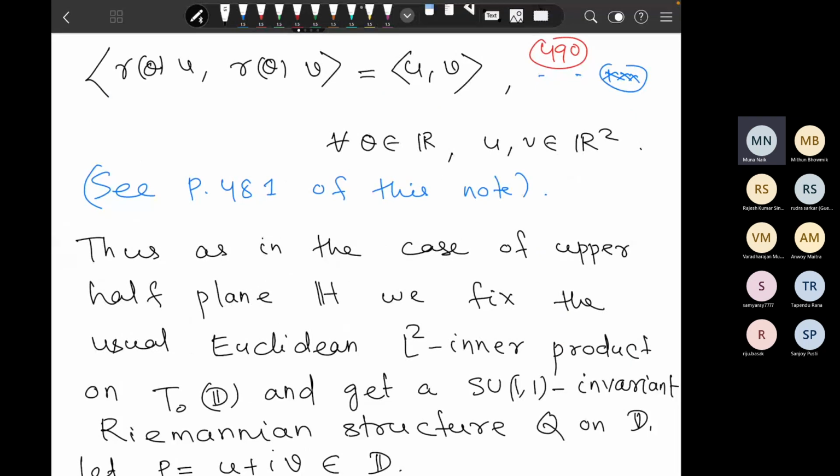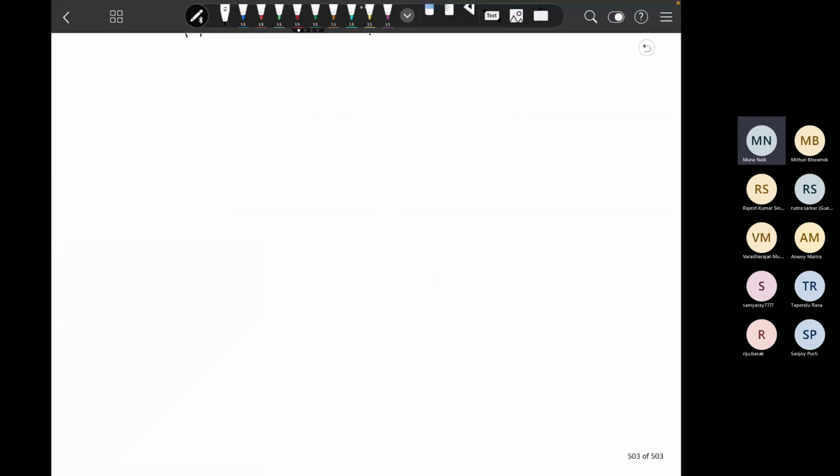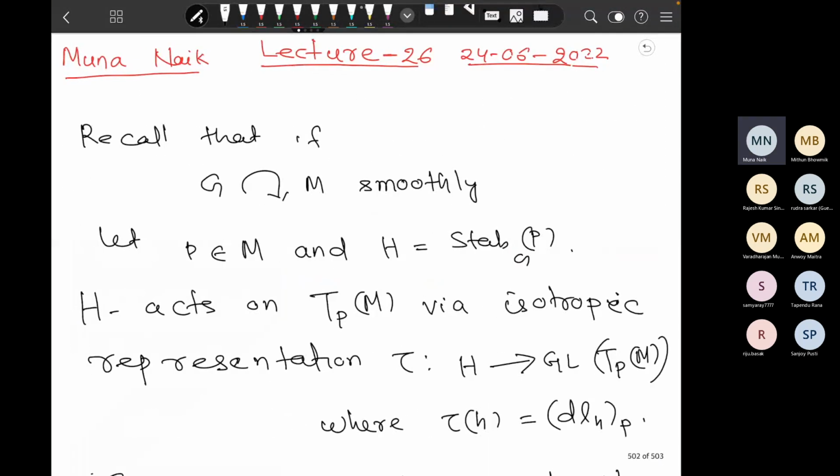Okay, so now suppose here M is connected, because a Riemannian manifold has that.